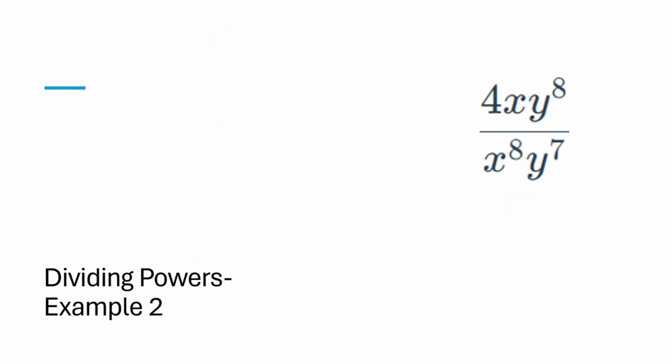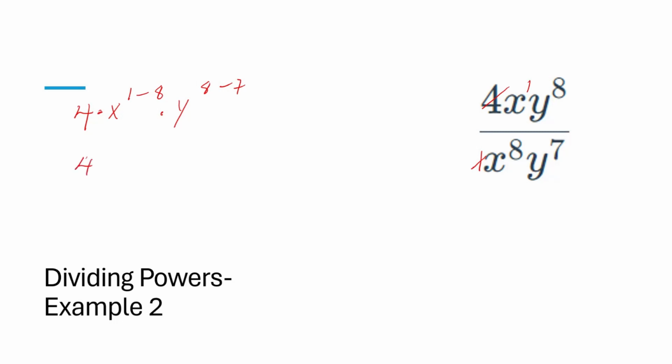All right, let's jump into the second example. Pause for a minute and try this problem. Now looking at this problem, we know that there's a 1 right here. So 1 into 1 goes 1 time, 1 into 4 goes 4 times, so we don't need to simplify anything there. If I rewrite this, this is going to be 4 times x to 1, because there's an invisible 1 right here, minus 8, times y to 8 minus 7.